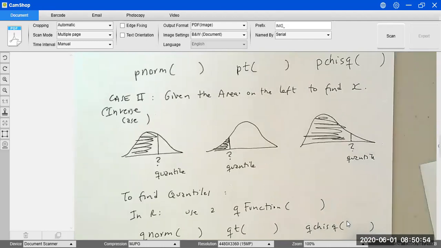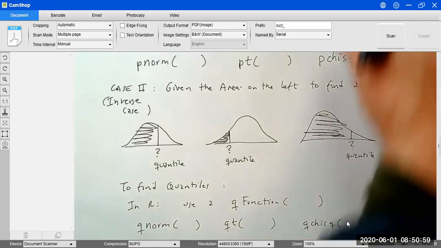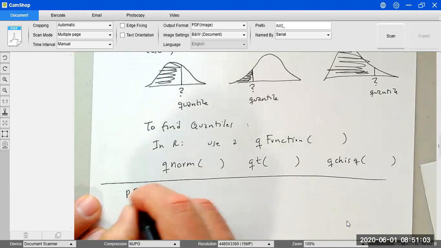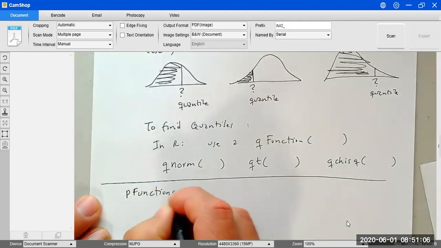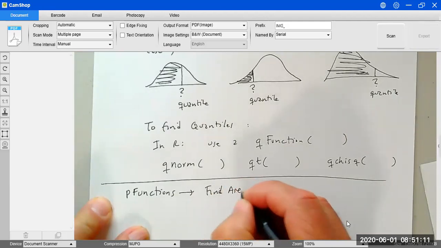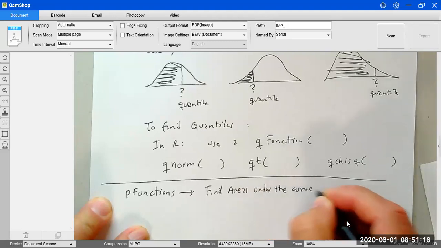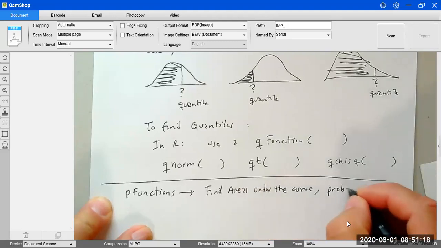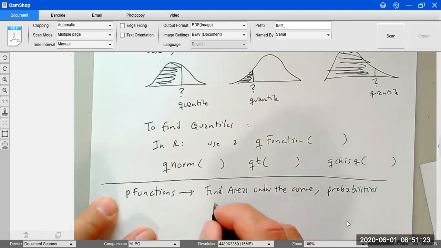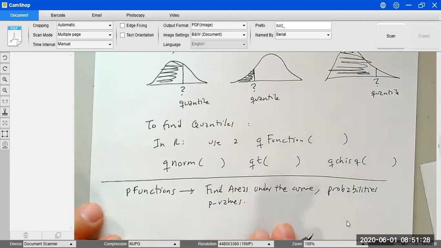So with p functions you find areas or probabilities. So let's summarize here. With p functions, we find areas under the curve, which are just probabilities. So, for example, p-values, we're going to find p-values in the last part of the course.